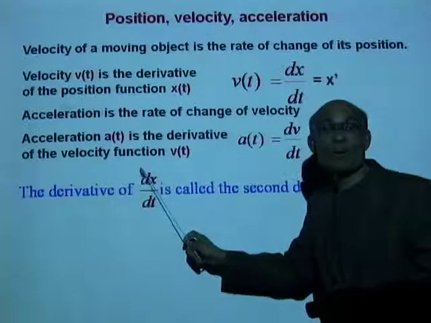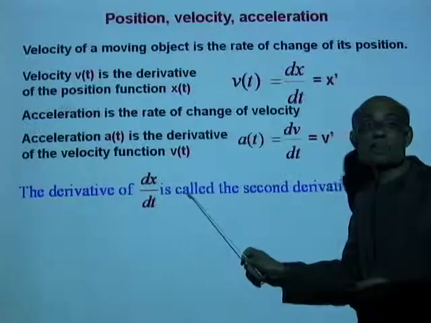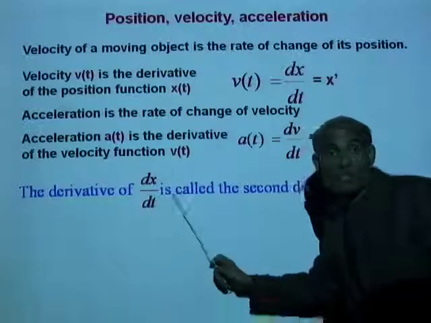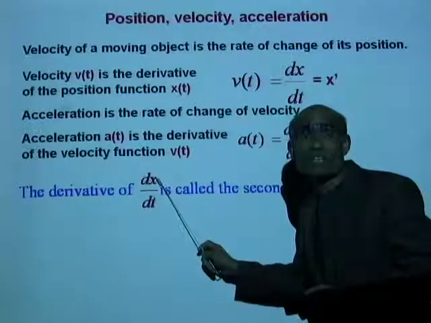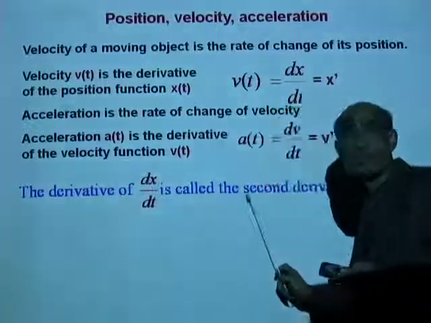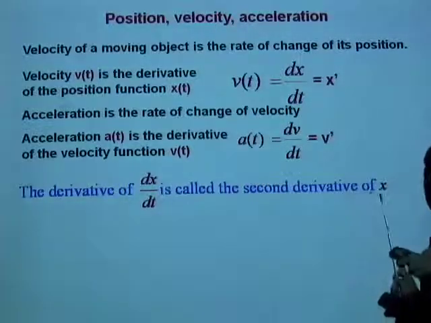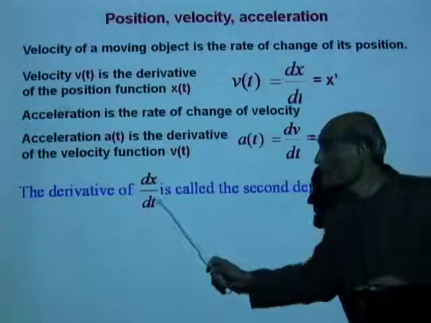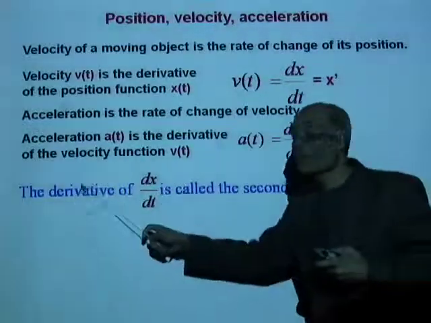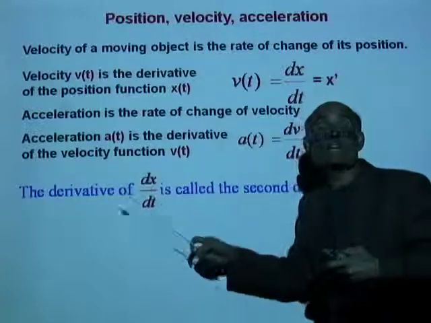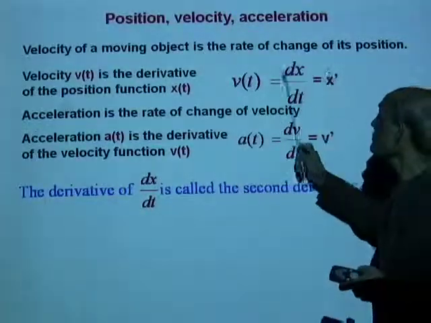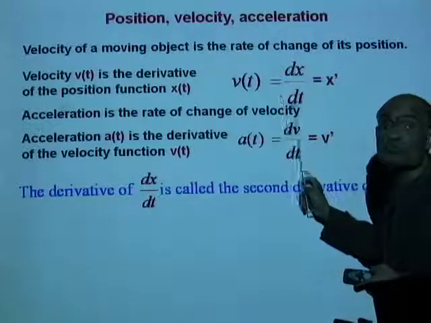Therefore, a will be the second derivative of the position function. If you have the first derivative dx by dt, and you then take the derivative of that again, it is called the second derivative of x. So dx by dt is the first derivative of x, the velocity.